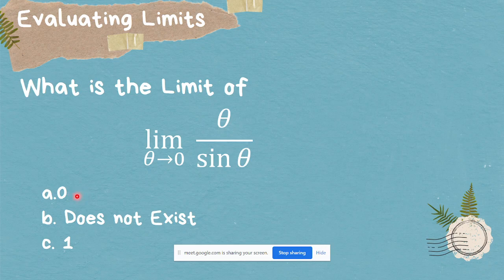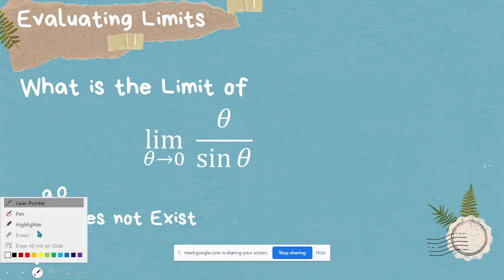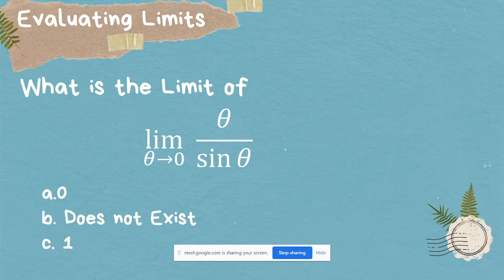Done. Mr. Arukan, what do you think is the answer on this one? If you substitute theta with 0, this is 0 over sine 0. What is sine 0 on your calculator?